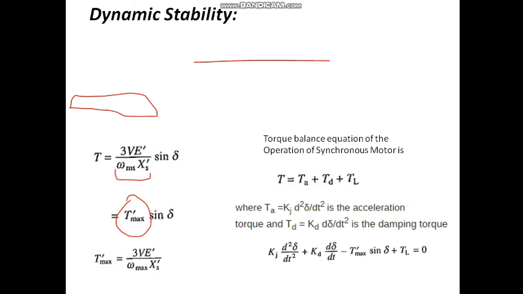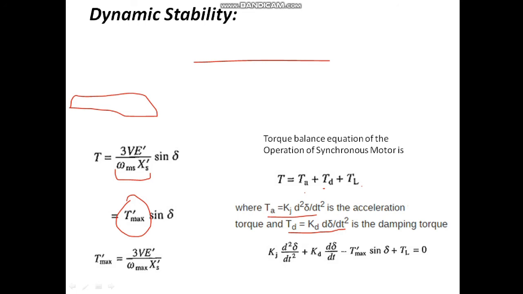So the torque balance equation of the synchronous motor would be given by T is equal to TA plus TD plus TL, where TA is mentioned here, which is my acceleration torque, and TD is in terms of KD, which is my damping torque.